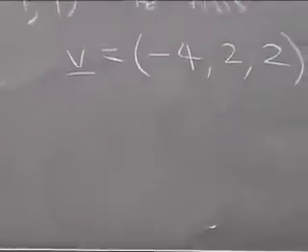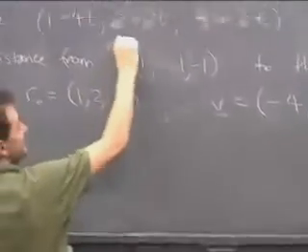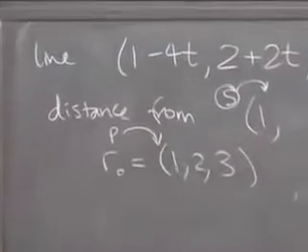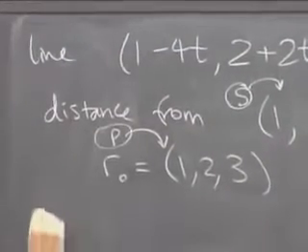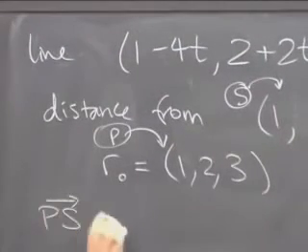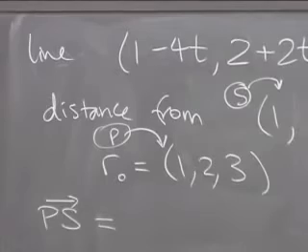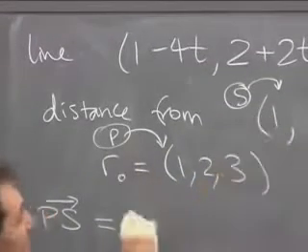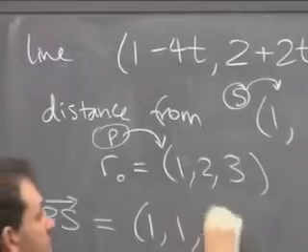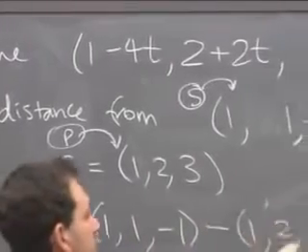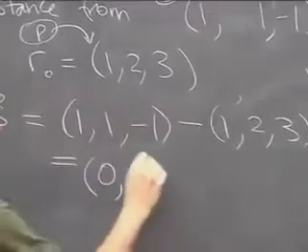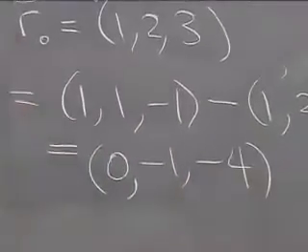So this I'm thinking of as S, and this I'm thinking of as P. So the vector from P to S, although this would also work if you went from S to P. So from P to S, I take S minus P, and you get 0, minus 1, minus 4.